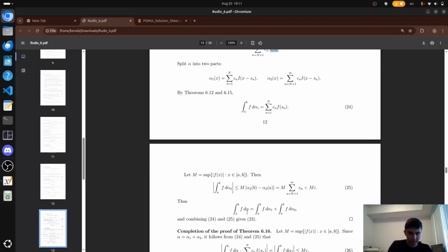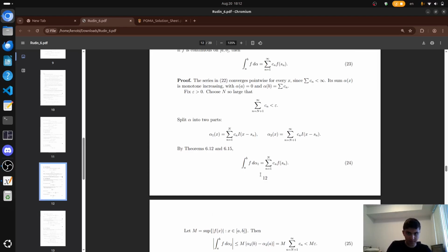Thus, we know that alpha is equal to alpha 1 plus alpha 2. So this integral is going to be this. And we know that the integral with respect to alpha 1 is equal to this over here, right?